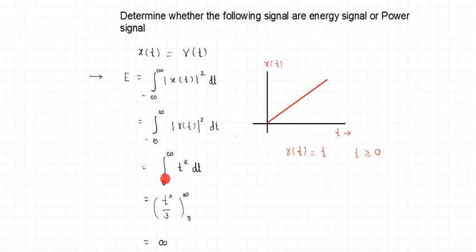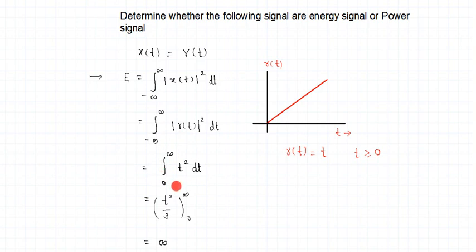Look at the limits. Since r(t), the ramp signal, exists only for the positive values of t, the limits of the integration get modified to 0 to infinity. r(t) was replaced by t, and now we need to take the integration of this.